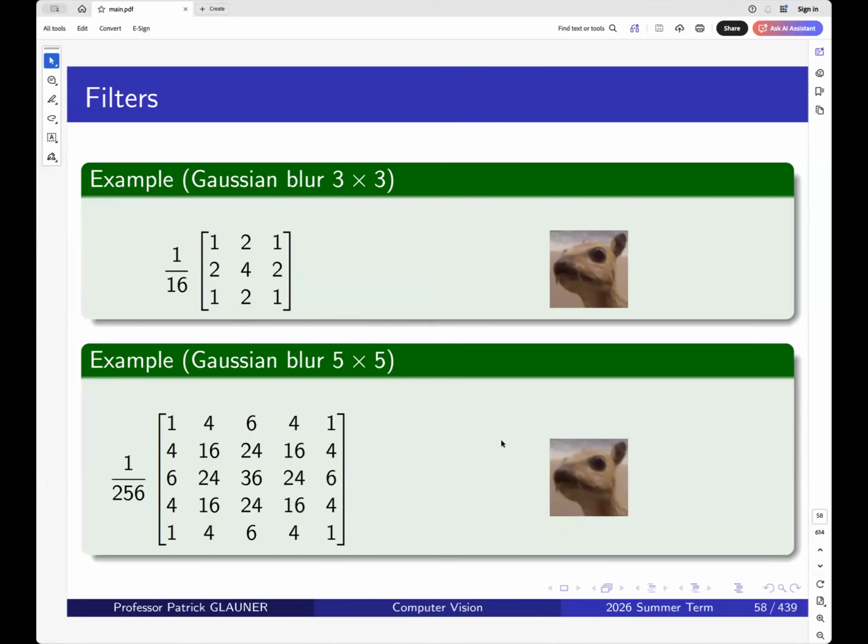And there's a Gaussian blur proposed in the literature. It's a 5 times 5 Gaussian blur where we see we still give most importance to the center, but we look into a bigger neighborhood, and all these factors summed up is 256. So this is something mentioned in the literature.